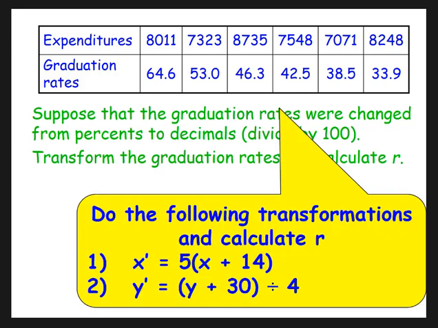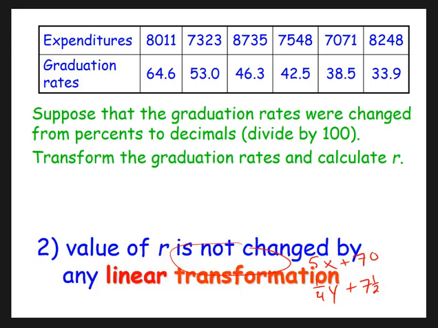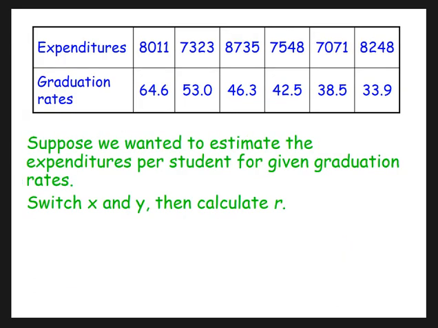We didn't square anything or square root anything. If I multiply this out, this is a linear equation. That's just 5x plus 70. This is a linear equation. This would be 1/4 y plus 7.5. They're both linear equations. So it's linear transformations, and linear transformations do not change the correlation coefficient, whether applied to one or both variables.